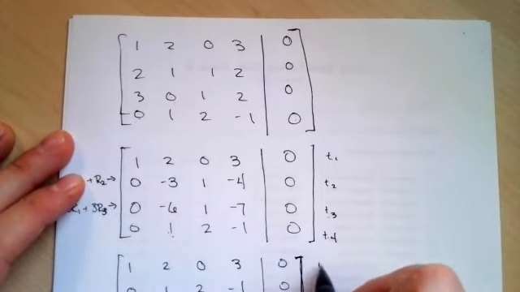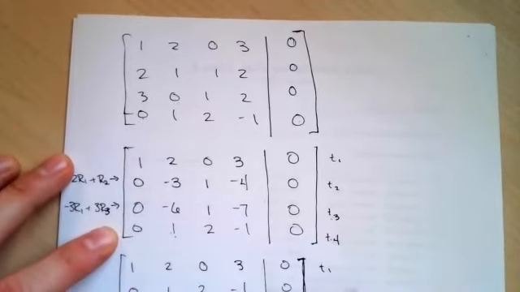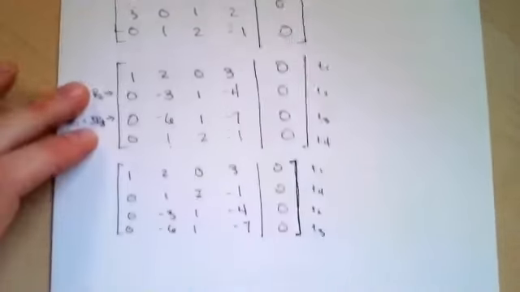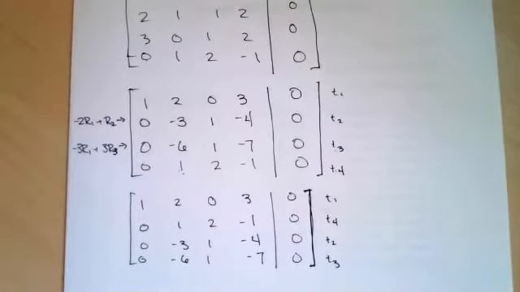And then just to label our rows, this was T1, and now we moved T4 up to here. Sorry, little off screen there.